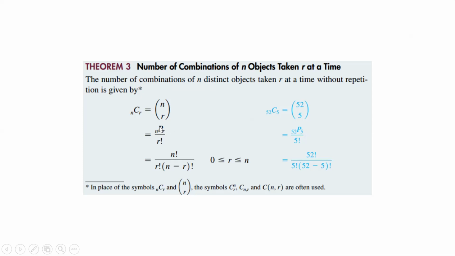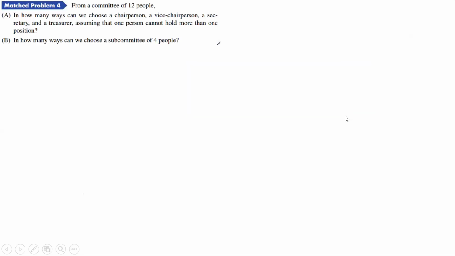We could find the number of permutations and then divide by r factorial, and that would give us the value. Or we could just plug it in: n factorial divided by r factorial times n minus r factorial, and that would give us this. And again, we could just use our calculator and use that function and it will give us the answer as well. So lots of different ways to represent it. It all depends on what kind of representation they're actually asking for in the book.